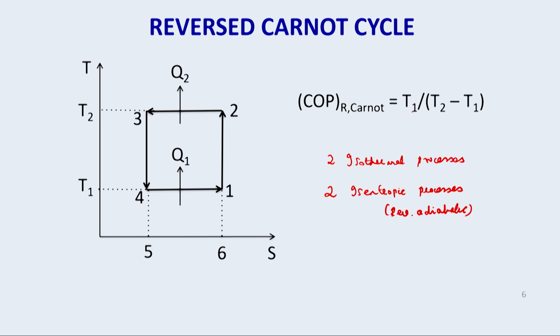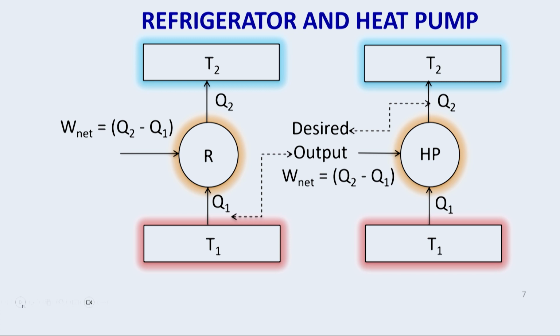In the case of a refrigerator, my desired output is Q1, the amount of heat from the thermal reservoir T1. In the case of a heat pump, my desired output is how much heat is rejected to the thermal reservoir. That is the only difference.